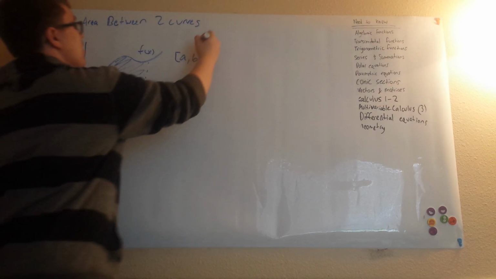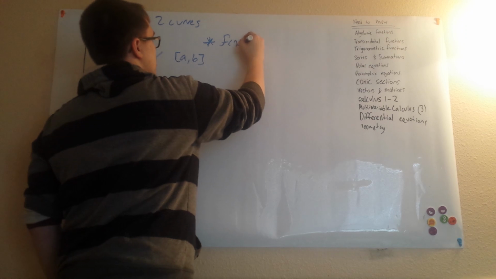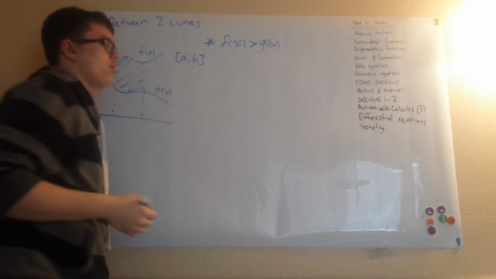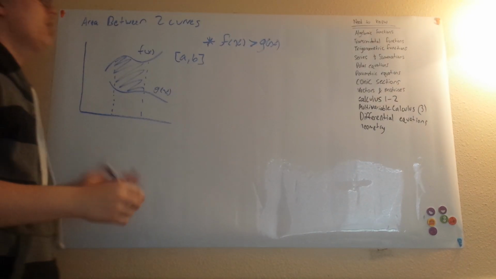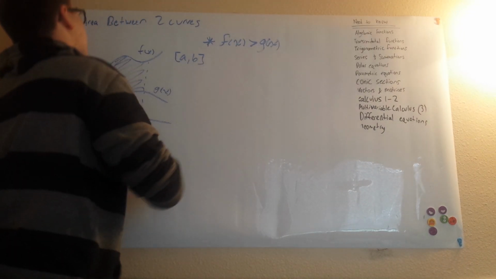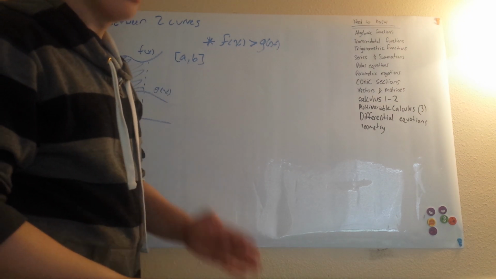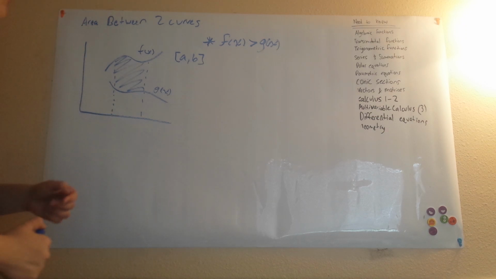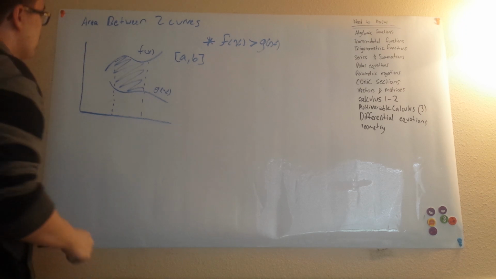Note, this is very important. f of x has to be greater than g of x on that interval. They could be equal to each other on the endpoints, but they cannot switch. f of x has to be bigger than g of x on that interval for this to work.